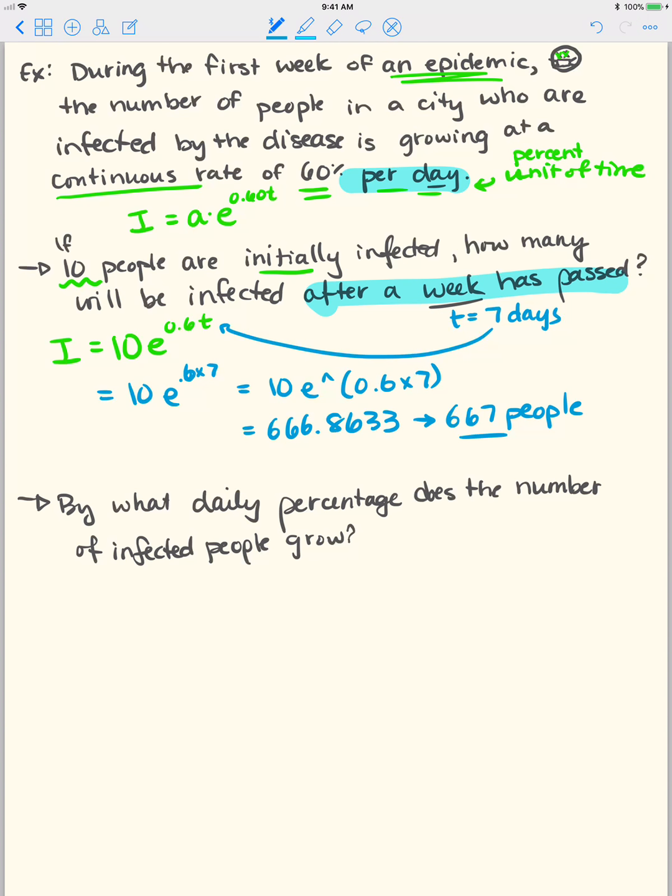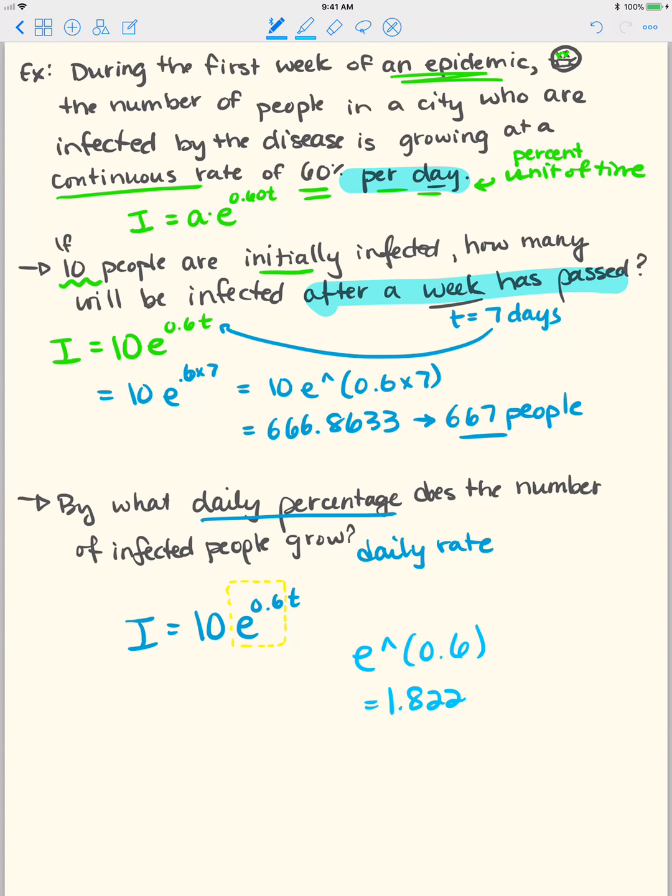The next part says, by what daily percentage does the number of infected people grow? So this is looking for a daily rate instead of the continuous rate. So if you go back to our equation, where it was e to the 0.6t, again, to get that daily rate instead of the continuous rate, we're going to simply pull that e to the 0.6 power and calculate e to the 0.6 to get the number 1.82211188 as the daily growth factor.